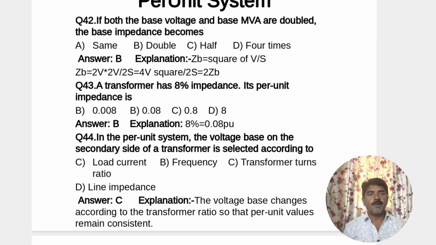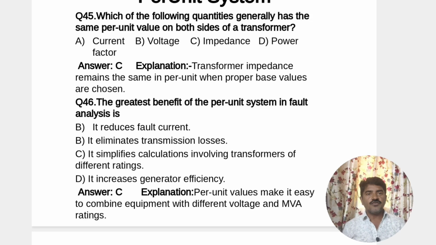44. In the per unit system, the voltage base on the secondary side of a transformer is selected according to the transformer turns ratio. Here C is the answer. Because the voltage base changes according to the transformer turns ratio, so that per unit values remain constant. 45. Which of the following quantities generally has the same per unit values on both sides of a transformer?